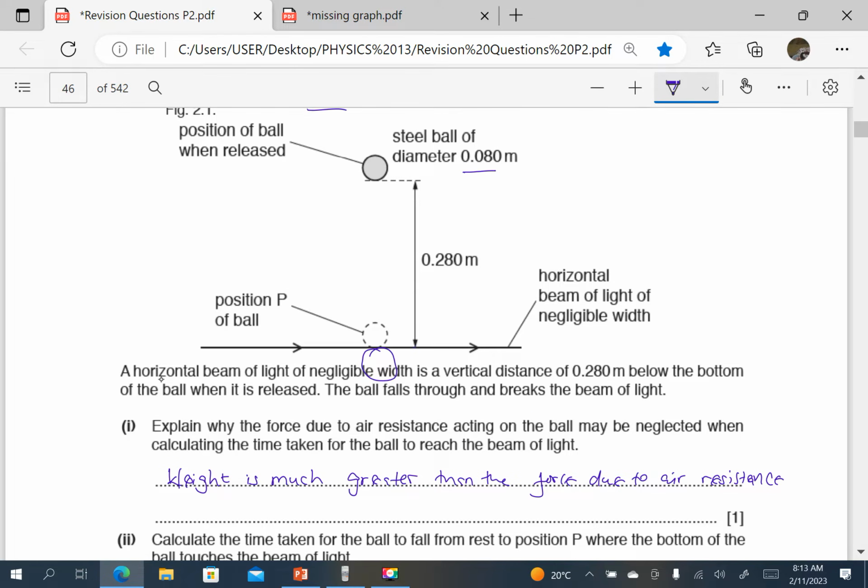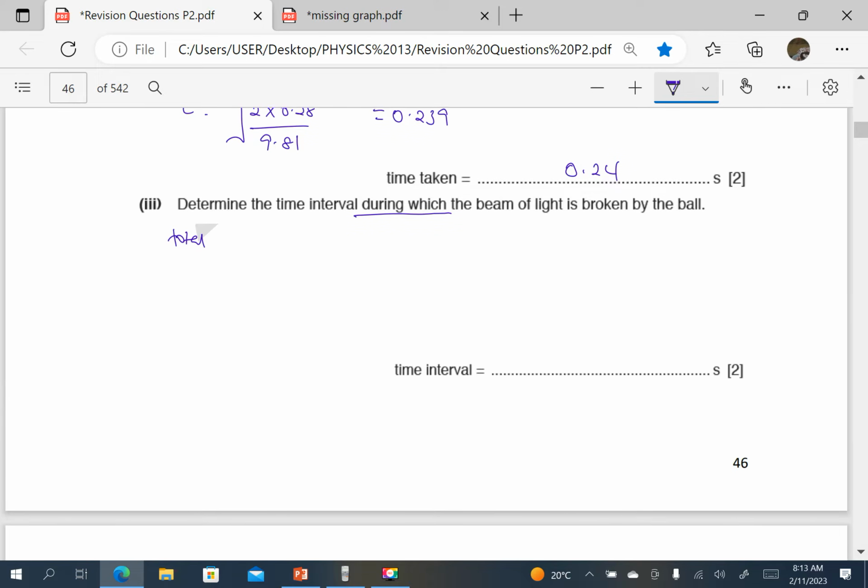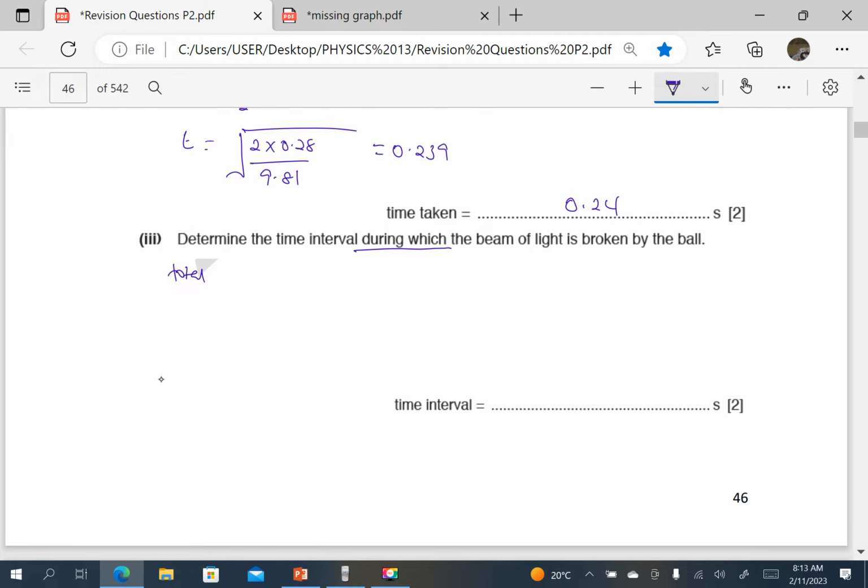It means the total distance falling is going to be equal to 0.28 plus the diameter of the ball, which is 0.08. So the total distance falling is 0.28 plus 0.08, which gives us 0.36 meters.